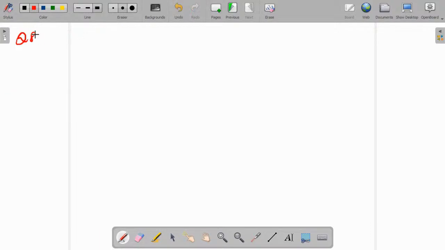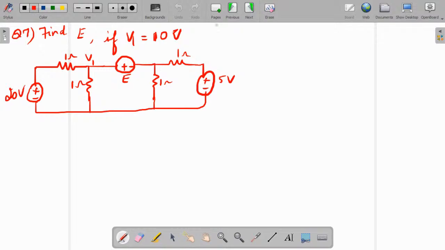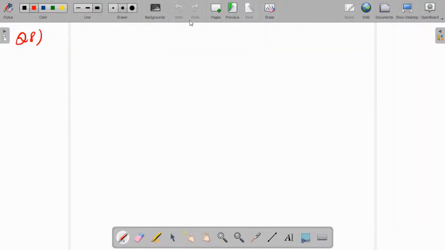Next question number 8. So this is V2. Find the voltage across the 4 ohm resistor.